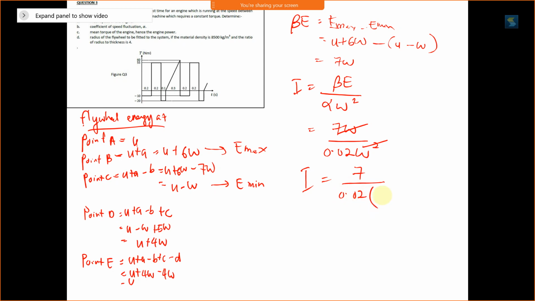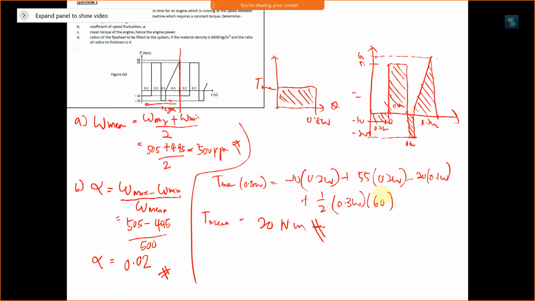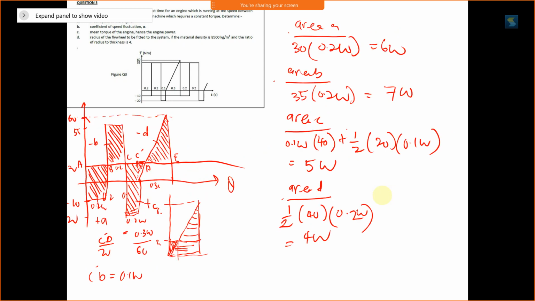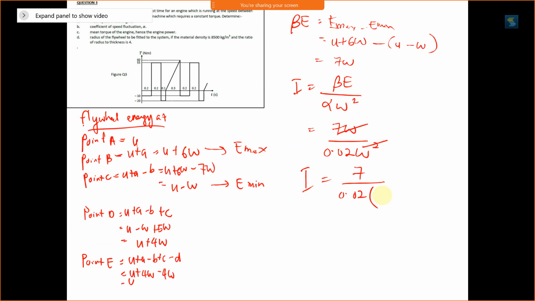Omega berapa? What is our omega? Omega mean 500 rpm. So we need to convert to radian per second. So 500 times with 2 pi over 60. So berapa?